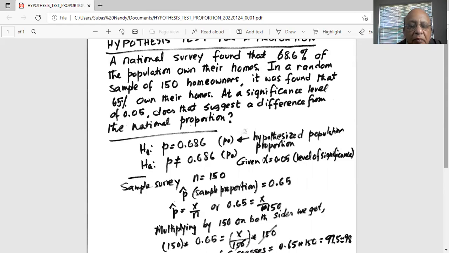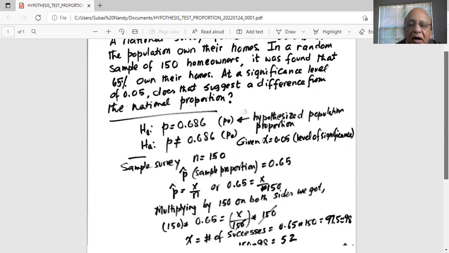Now the sample proportion is X over N. What is X? X is the number of successes and N is the sample size. So I can write my equation as 0.65 is equal to X over 150. X is the number of successes.